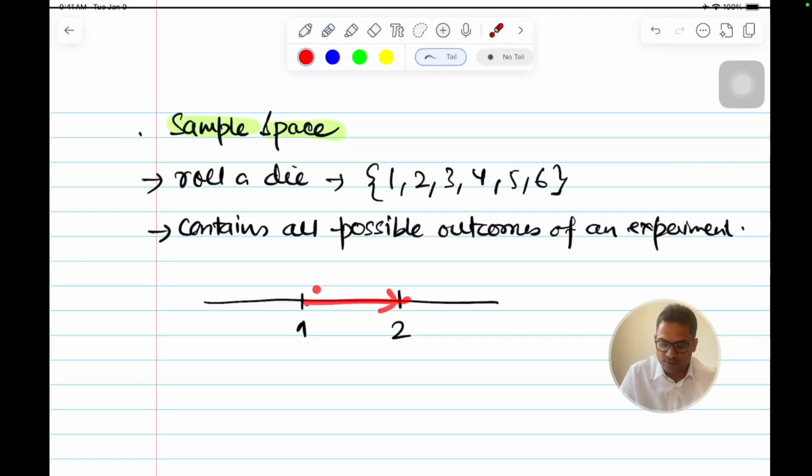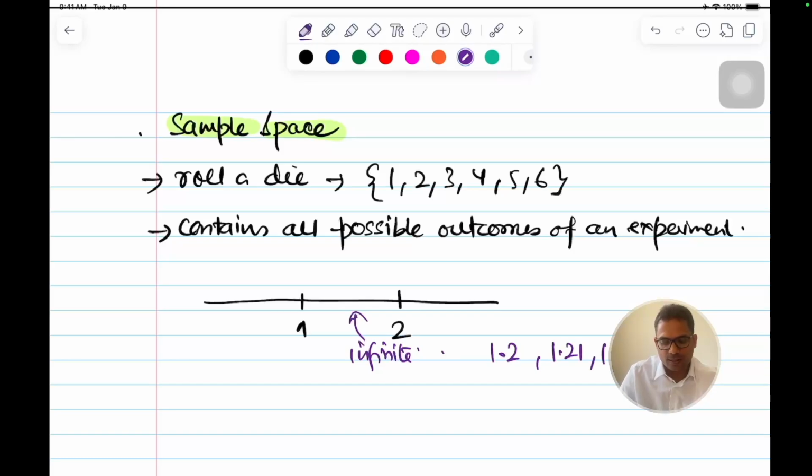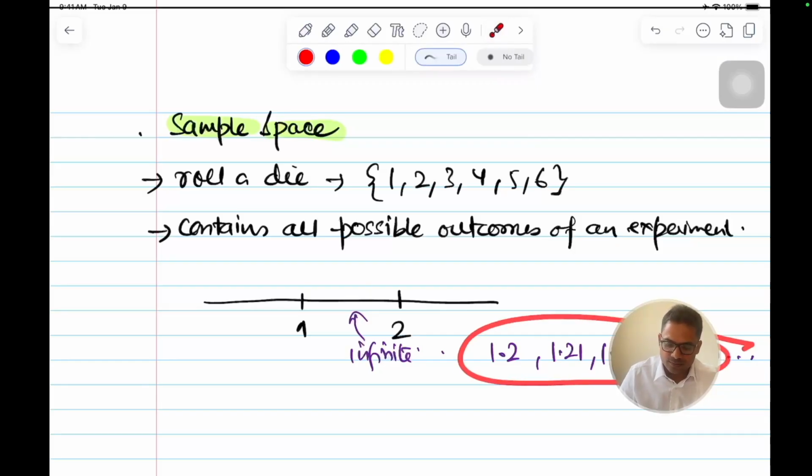How many real numbers are possible between 1 and 2? That will be infinite, because you can have anything between. For example, if I have 1.2, I can have 1.21, I can have 1.211, I can have 1.2111, and so on. So these numbers are infinite.